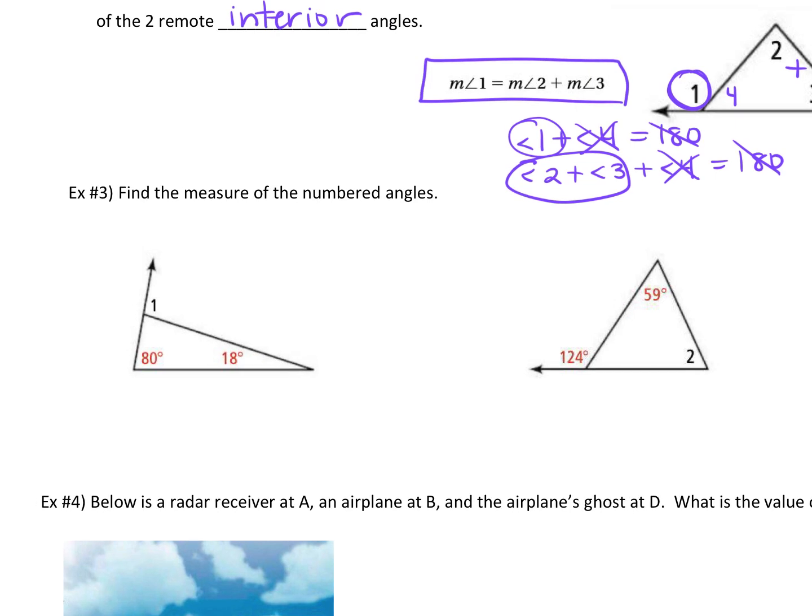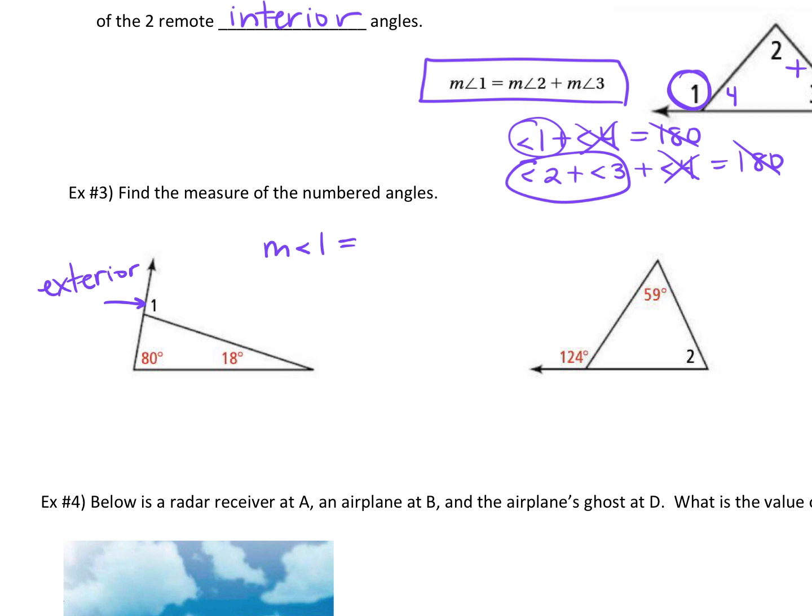Okay, let me show you right here. So I gave you 2 pictures. Notice they're different. In the first one, we're trying to solve for what type of angle? Is this interior or exterior? This is exterior. We extended the one side. That's an exterior angle. So I'm going to say the measure of angle 1 is equal to what?